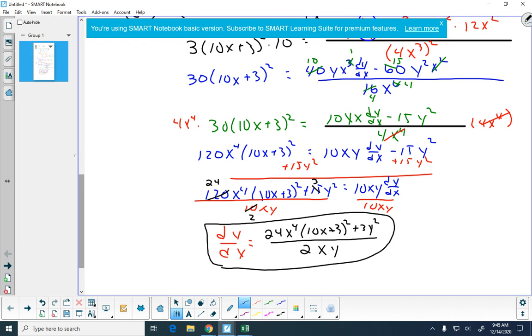Phew. A lot of work. And most of the work is not really derivative oriented. It is more trying to get it to solve for dy/dx. So we have to do a bunch of work to solve for that dy/dx.